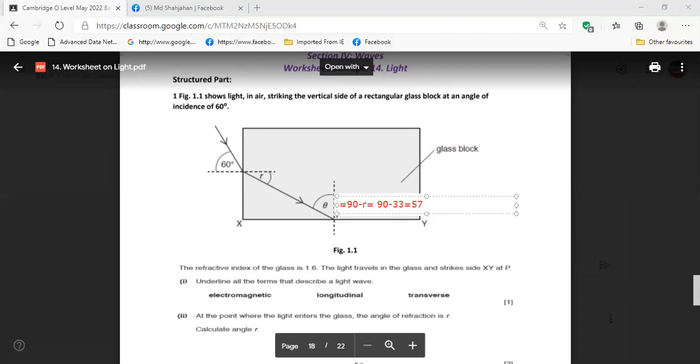And this 57 is greater than critical angle, right? Yes, sir. So if it is greater than critical angle, then how can we consider it? Will it be refracted or will it be reflected?